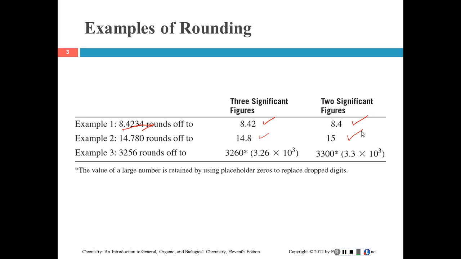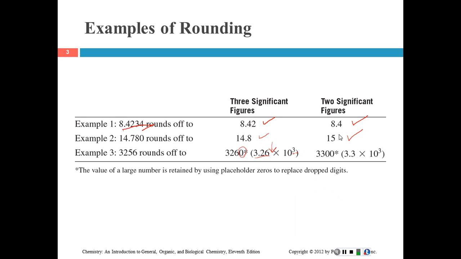3256, if we round it to 3 significant figures, would be 3260, and we have that 0 there. Why? Just to hold the place, because it's 3,000. Or if you put it in scientific notation, you wouldn't have to put the 0 there, because that 3 tells us what place it's in.